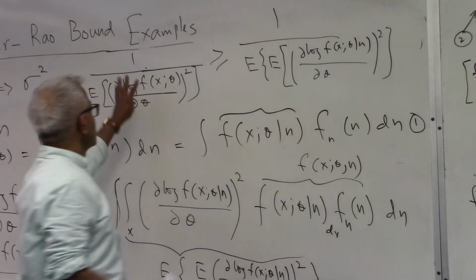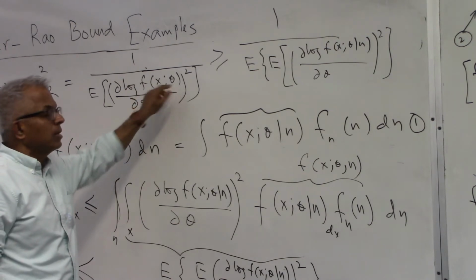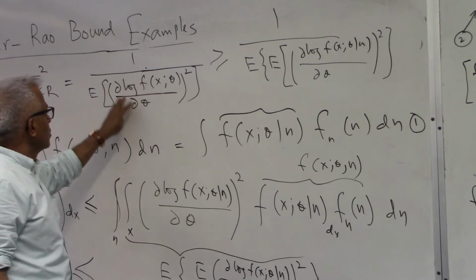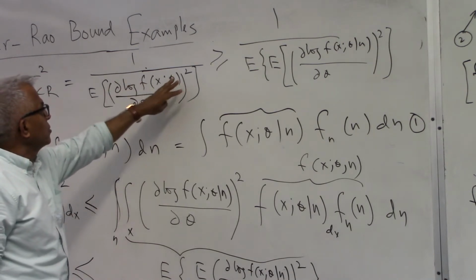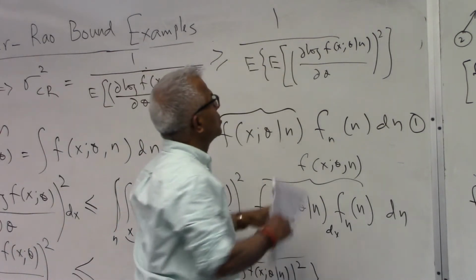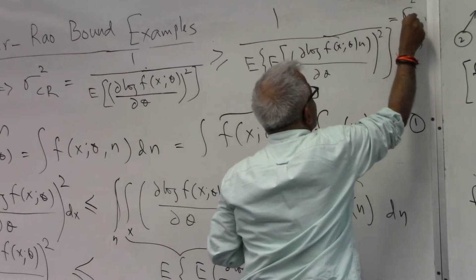So what's the difference? This is the classical joint density function of the data in presence of the unknown, logarithm derivative with respect to theta squared. So this is greater than or equal to this bound. This we are going to call a modified Cramer-Rao bound.